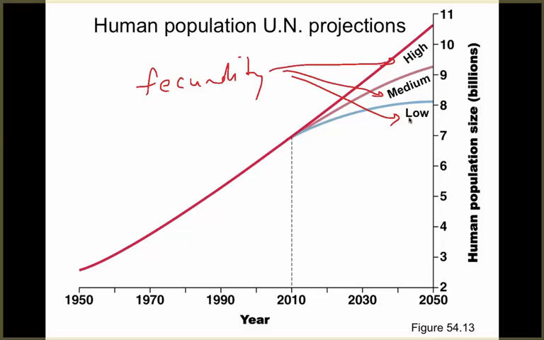So you can see that the fewer offspring per female over the next few decades, the lower the overall peak in human population size globally is expected to be, and also the earlier it will occur. So this low fecundity line, for example, is peaking both at a lower overall population size, but also earlier than the medium or the high fecundity extrapolations.